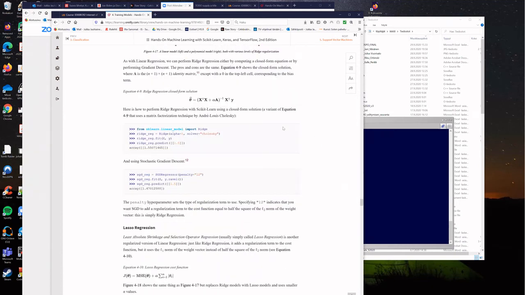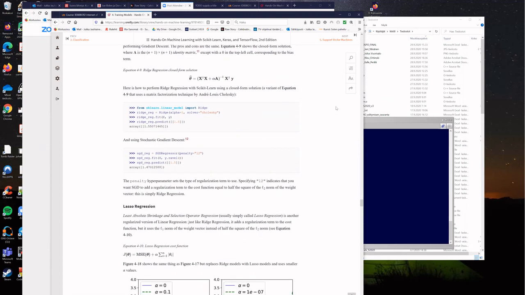So we don't have to care too much about the mathematics here, because there are functions done for us that can do this.